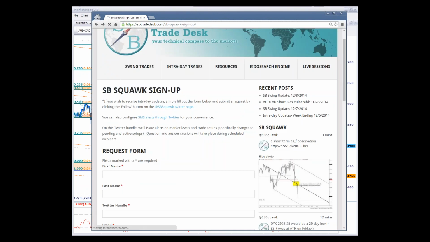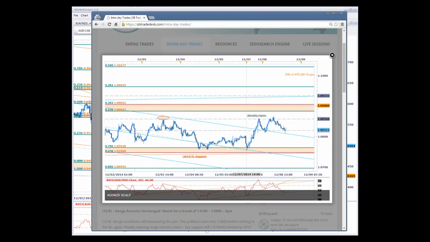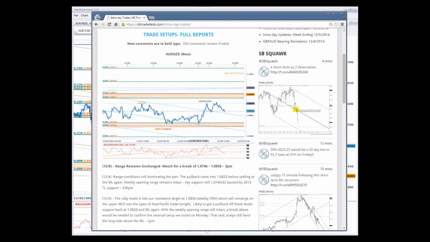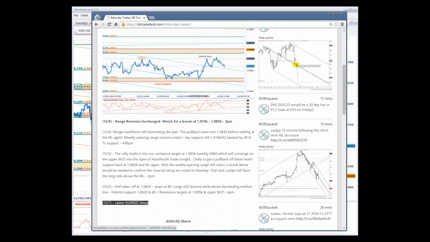So, other trades that we were looking at, the Aussie Kiwi. It's a little frustrating for me, guys, because I've been waiting for this godforsaken range to break for literally 6 days now. So if you guys recall, the first setup here we published was on the 1st of the year. We were looking at the Aussie Kiwi opening range for the month, opening range for the week, coming right above key support.